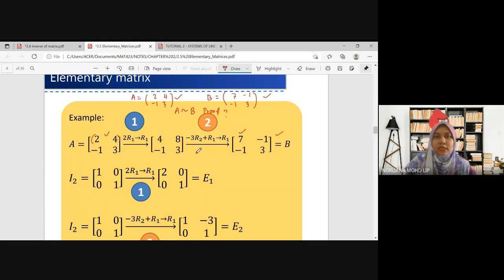Okay, -3 times 3 is -9 plus 8, so we get -1. So we will get matrix B. We get matrix B by using 2 operations. There are 2 operations here, the first operation and the second operation.